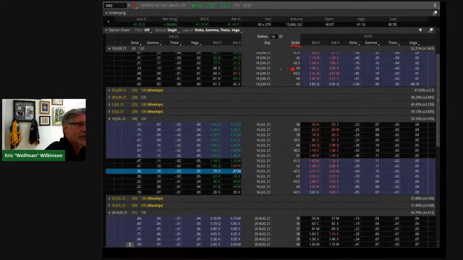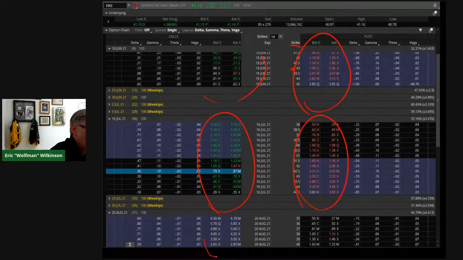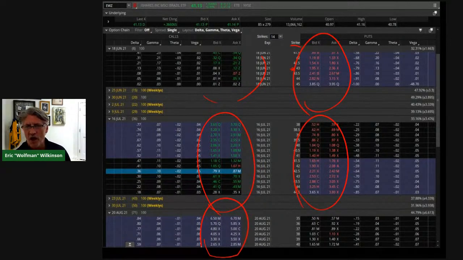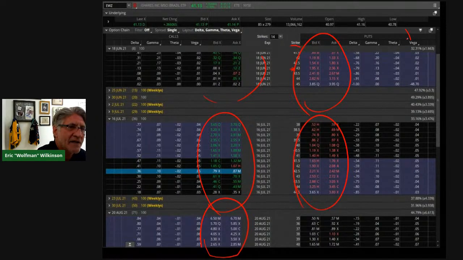And you have to pay for those options. Now, how do I know if these prices in the option montage are expensive or cheap? Anybody know?